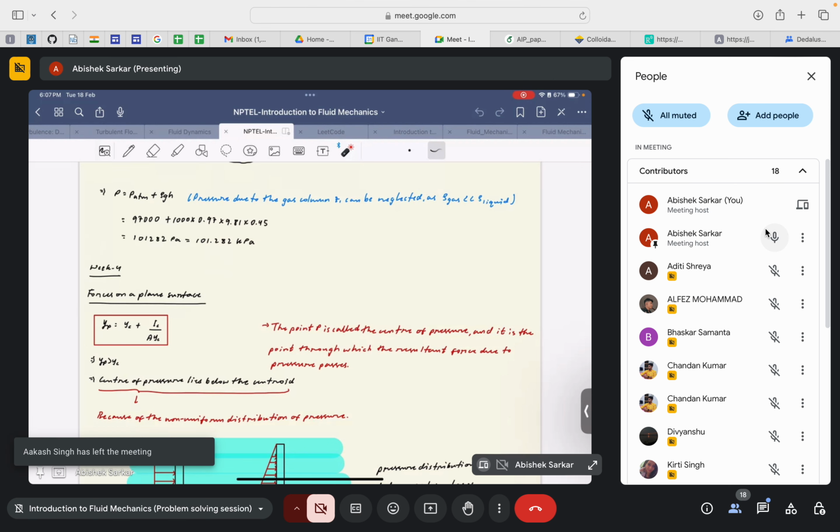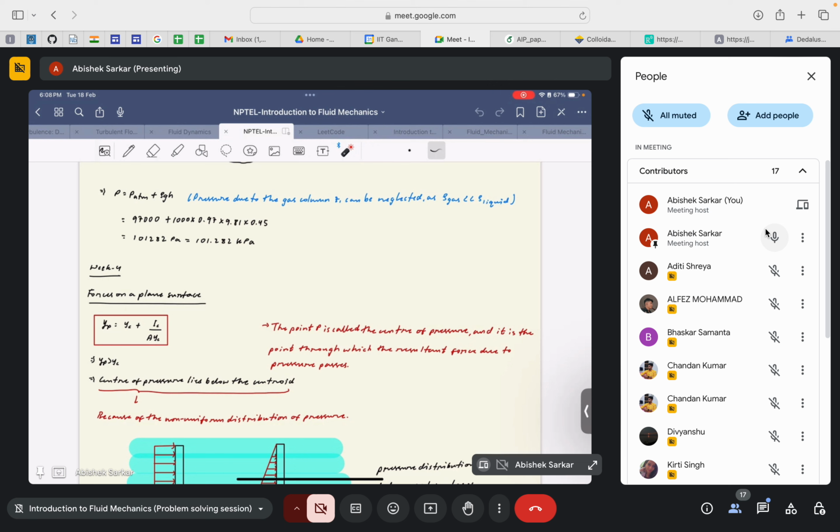Similarly, when a body is submerged in a fluid, of course its mass is quite relevant there as well. The mass of the body will act through its center of gravity. But once the body is submerged in a fluid, there is another type of force that acts on the body, that is the buoyancy force, right? This buoyancy force, as Divyanshu mentioned, imparts some pressure on the surface area of the body.